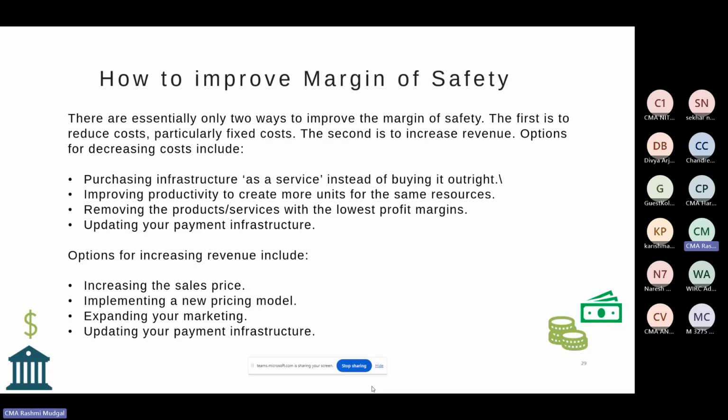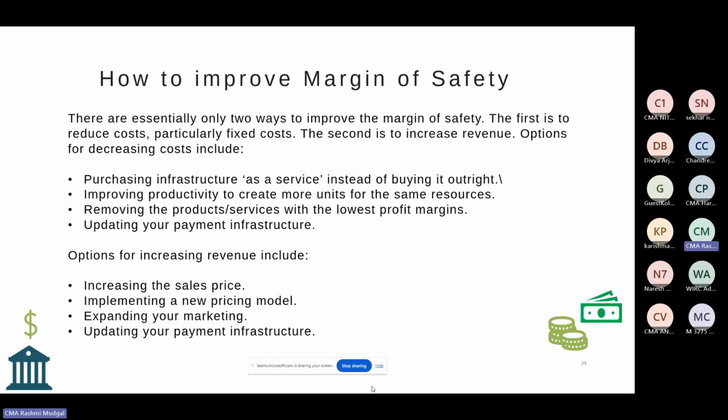Implementing a new pricing model, where you can say buy one get one free, or maybe if you buy in bulk, we will give you this amount. If you are buying 10 products, we will give you 20% off on the 11th product.